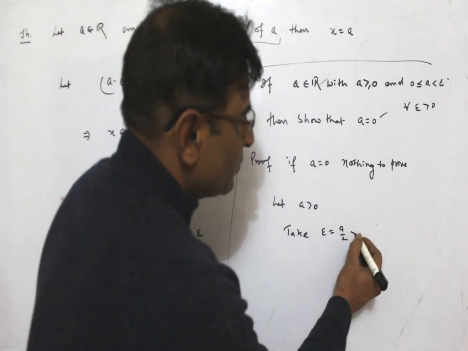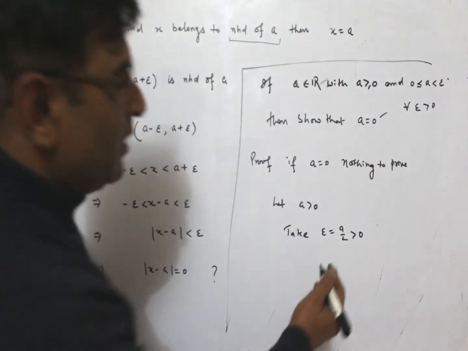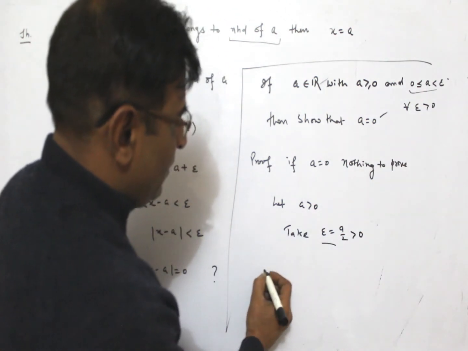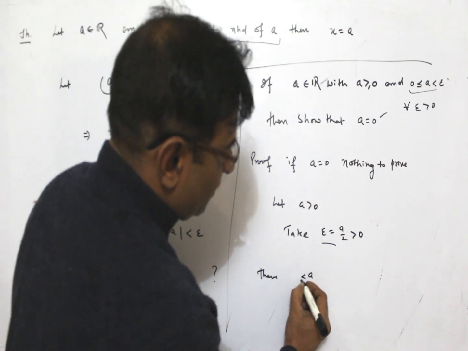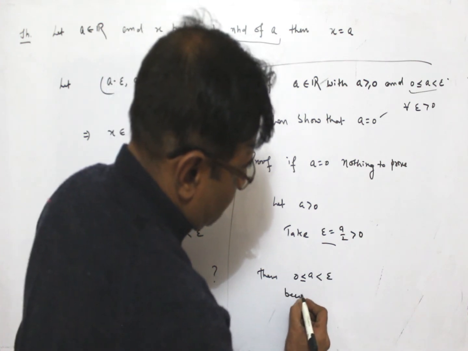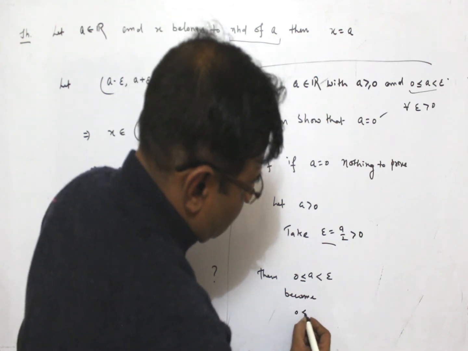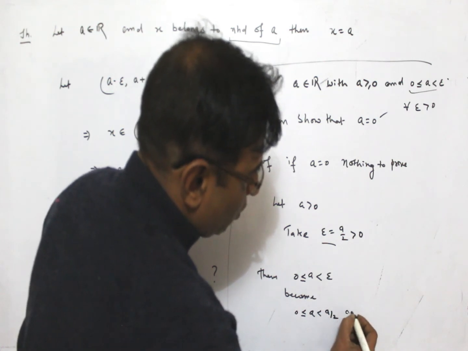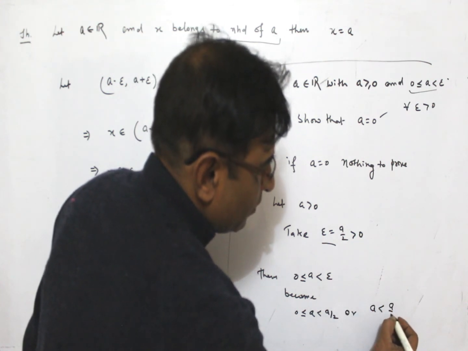Therefore, I can choose epsilon as A by 2. If I place this value here, what do I get? Then A is less than A by 2.